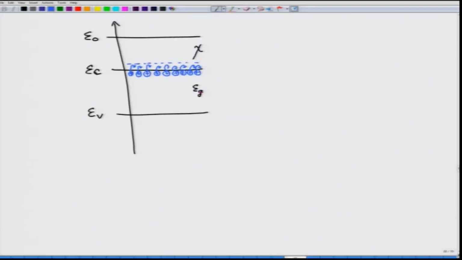So, this is what happens when you dope the material with an n-type and therefore convert an intrinsic semiconductor into an n-type semiconductor, where the conduction electrons are actually contributed by the extrinsic, the external dopants, whose energy levels are just slightly below the conduction band and they contribute here.